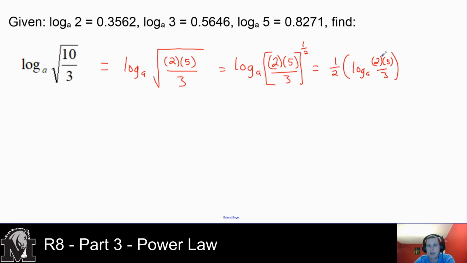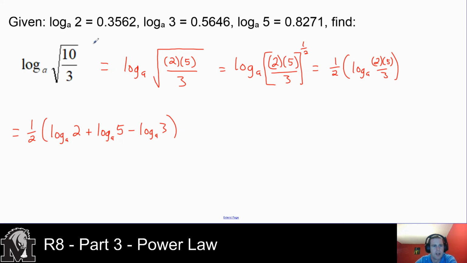And now at this point, I can apply my product and quotient rules to make this logarithm a few different logarithms. So we're going to get 1/2 times, the 2 is in the numerator, so it's a positive log base a of 2. 5 is in the numerator, so that's positive as well, log base a of 5. Then we have this 3 that's in the denominator, minus log base a of 3. Then I can close my brackets.